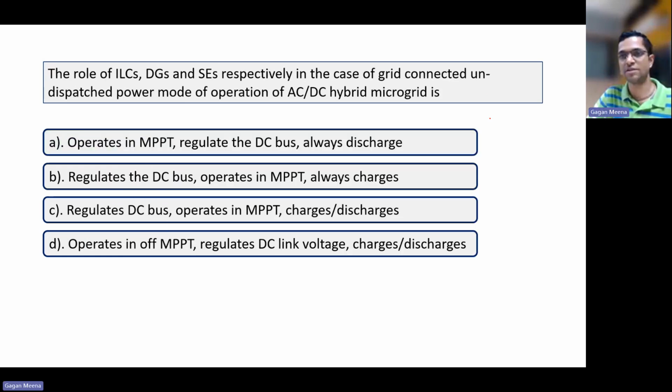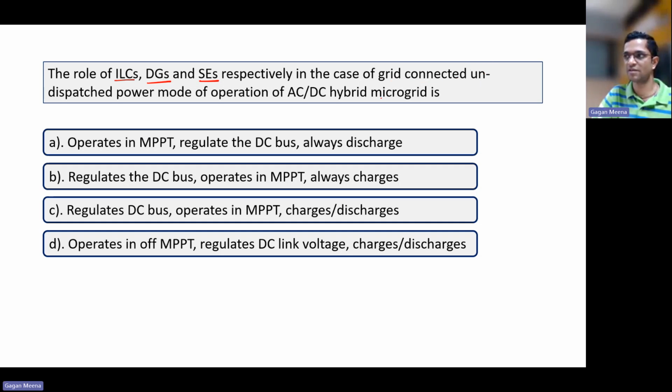Okay, next question. The role of the interlinking converter, distributed generator, and storage elements, respectively, in the case of a grid connected undispatched power mode. First of all, it is grid connected and it is undispatched.